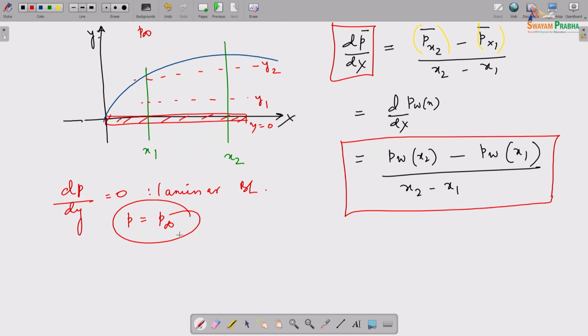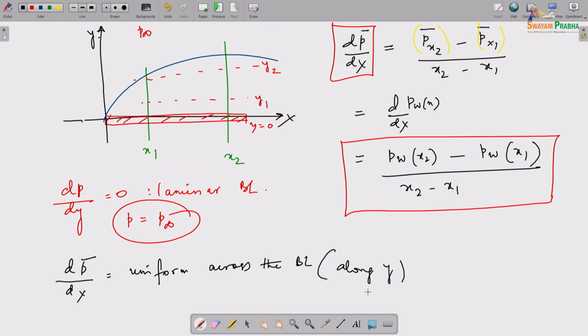And in the turbulent case, what we see is that dp/dx is uniform across the boundary layer, that is essentially along y.